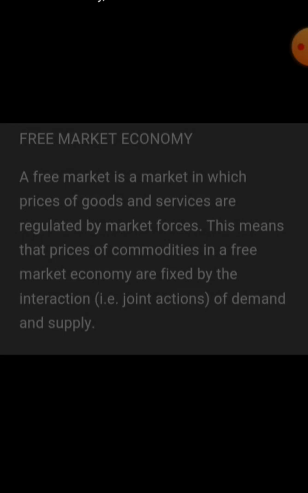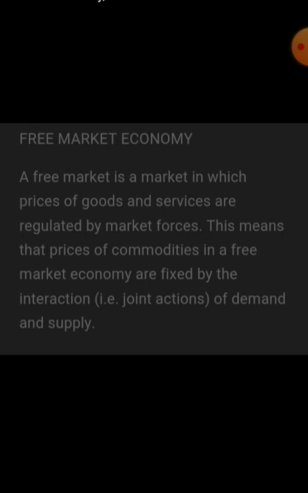Now, what is a free market all about? In a free market, we talk about a type of market in which the prices of goods and services are regulated by the forces of demand and supply. That is the market forces. This means that the prices of commodities in a free market economy are fixed through the interaction of demand and supply.